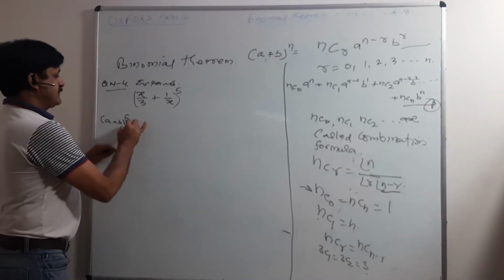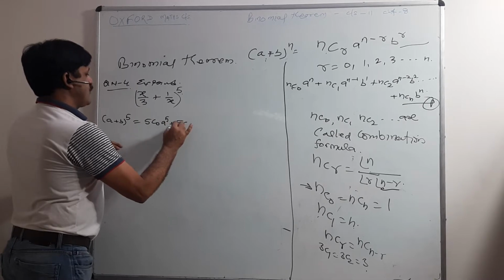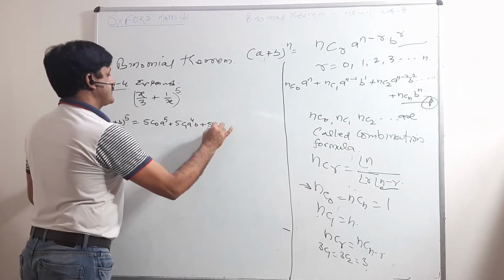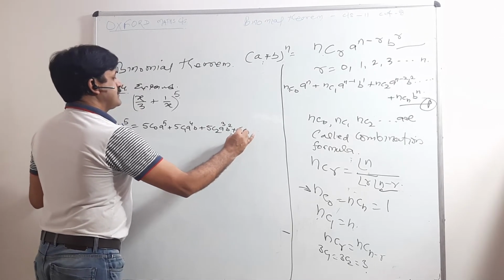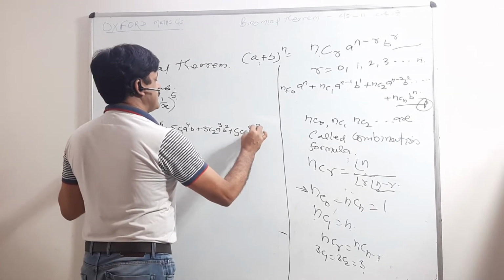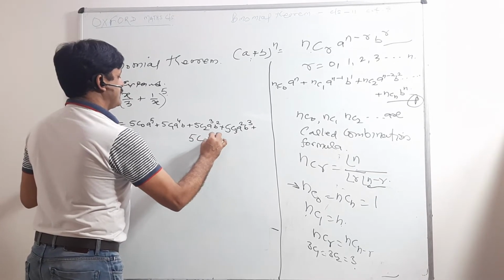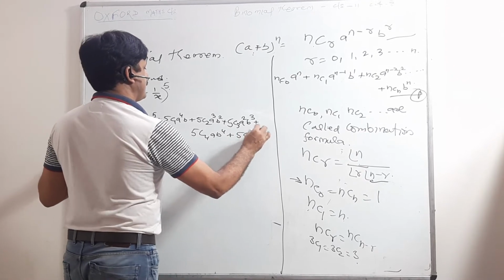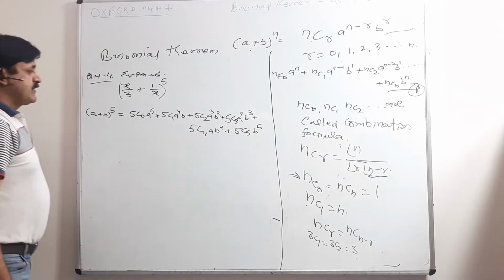First of all, we get 5C0 a to the power 5, 5C1 a to the power 4 b to the power 1, 5C2 a to the power 3 b to the power 2, 5C3 a to the power 2 b to the power 3 plus 5C4 a b to the power 4 plus 5C5 b to the power 5.